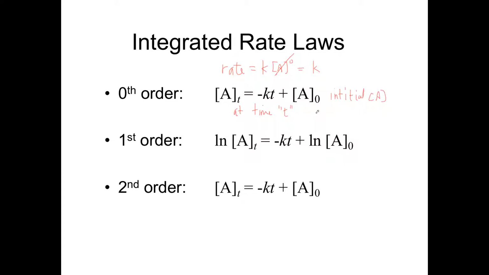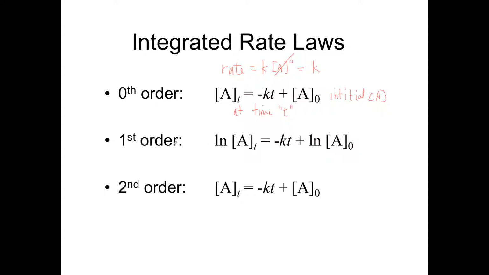That's the initial concentration, okay? Some people call it A0. I hear people talking about it and they go, this would be read, the concentration at time t is equal to minus kt plus the concentration A0.